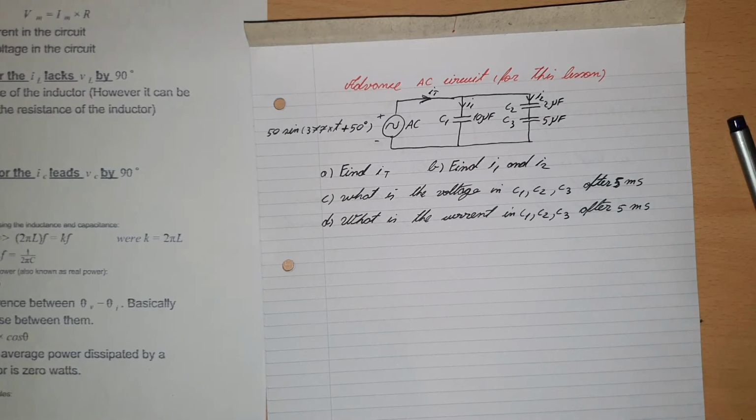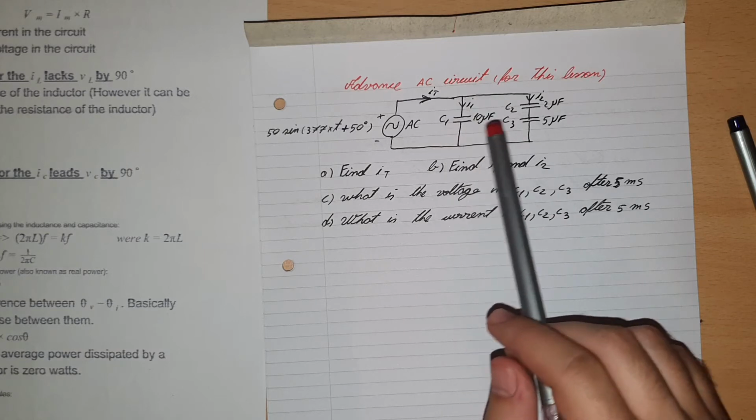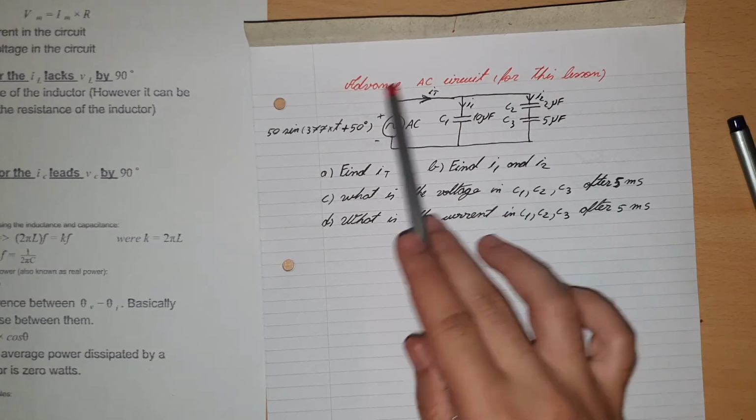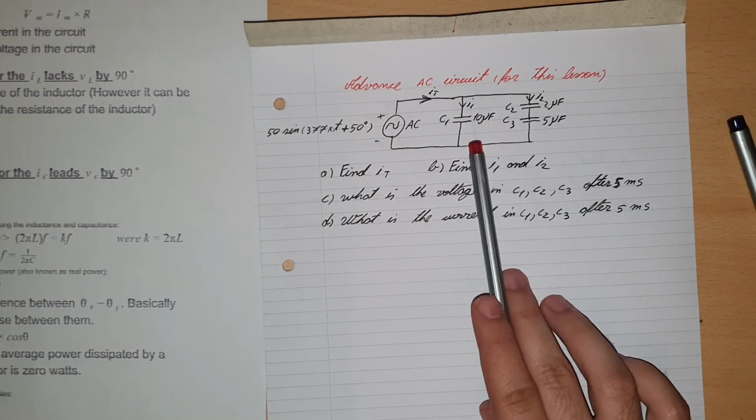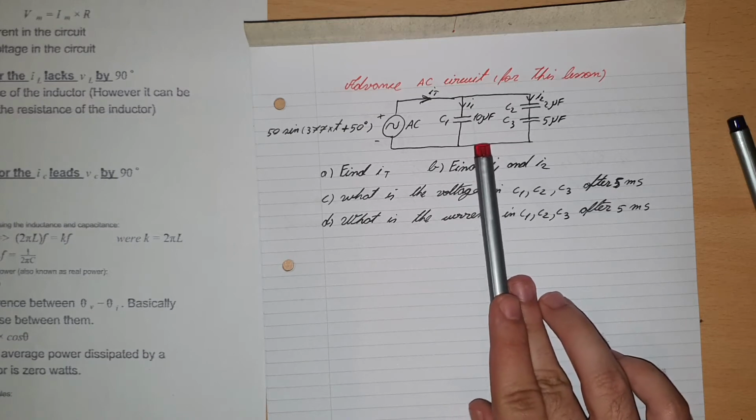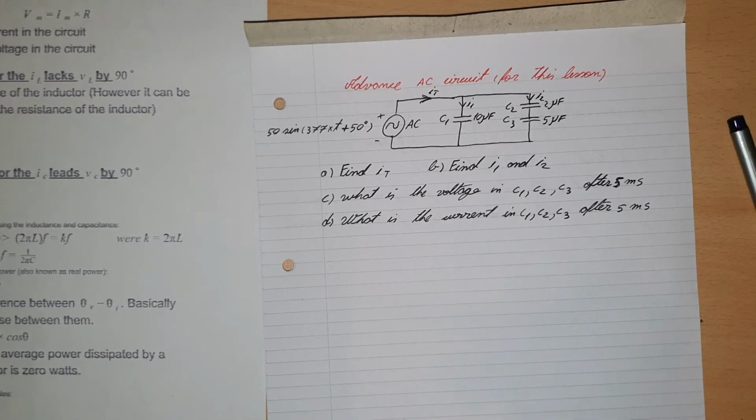Until now we used only one component, and now we are going to use three. It's still very simple because you use the same type of component, so it doesn't mess up the phase too much. There won't be too much of a phase difference between them.